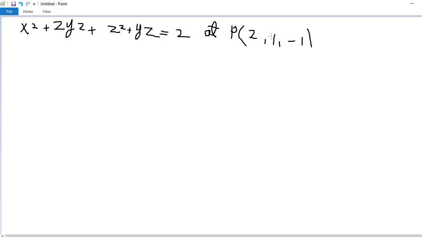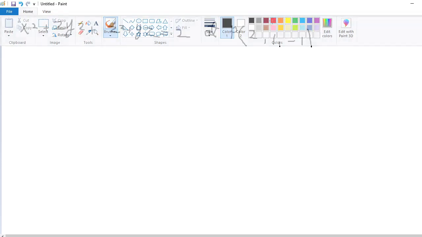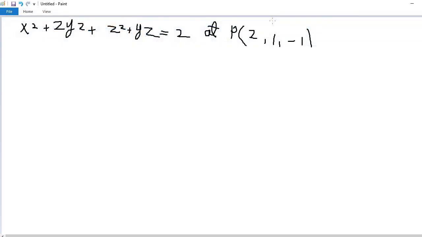So what you need to write is the equation of the tangent plane to the surface. Before I write the equation, I need to make this equation equal to 0.